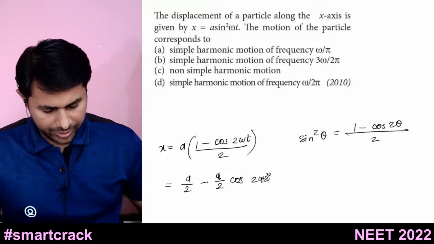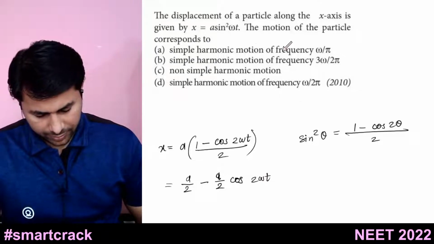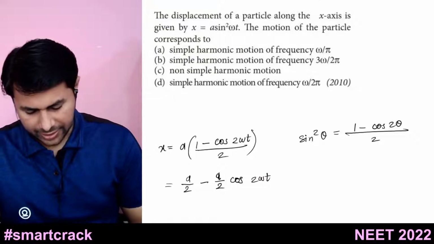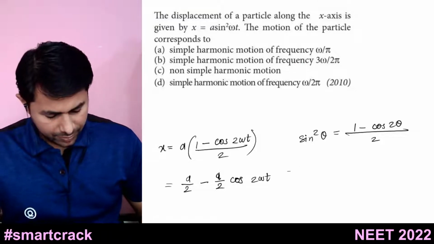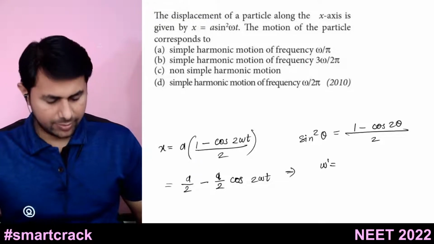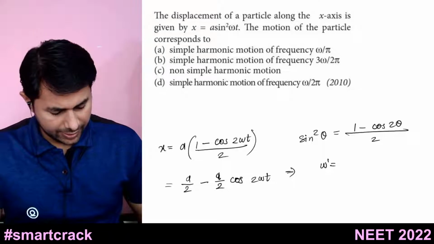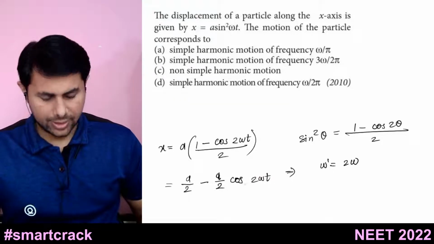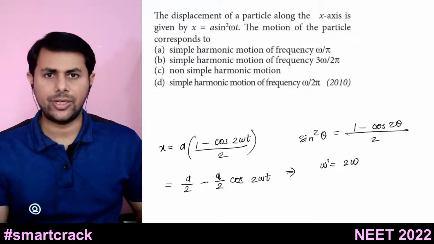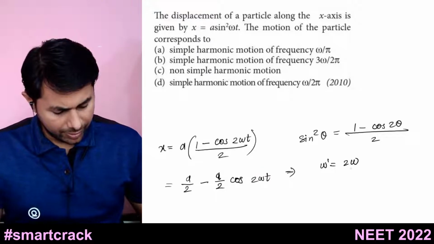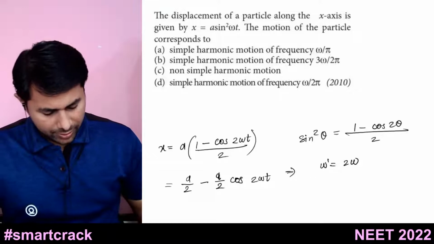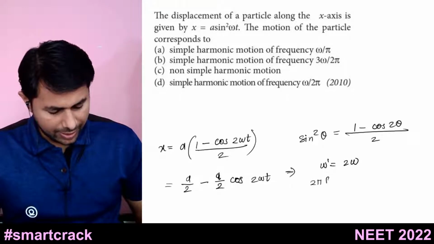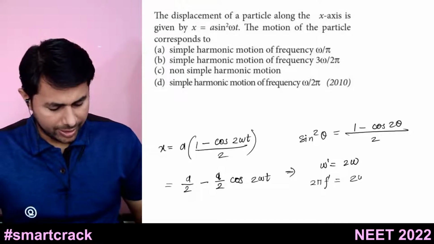And how much is the frequency? They want frequency, right? So omega dash, the angular frequency, is 2 omega. You can write omega prime equals 2 pi f dash, so that's 2 omega.